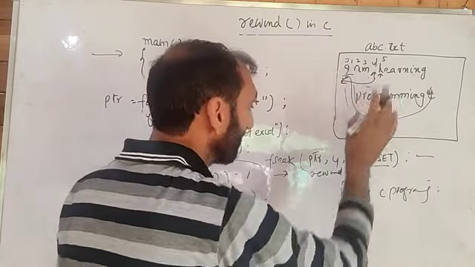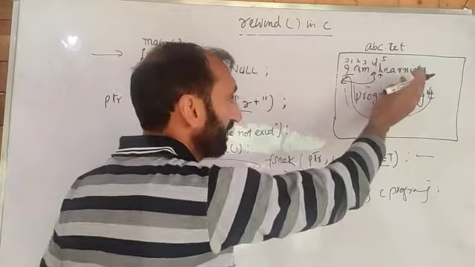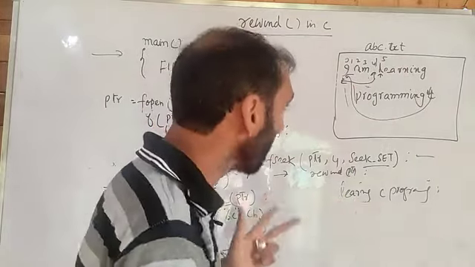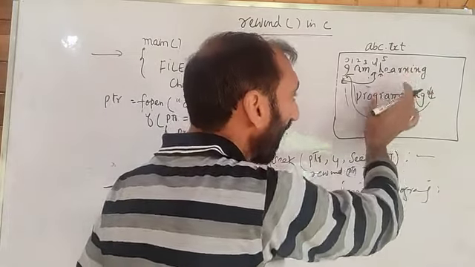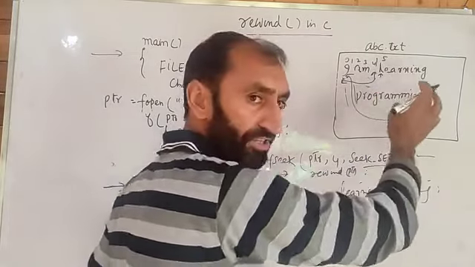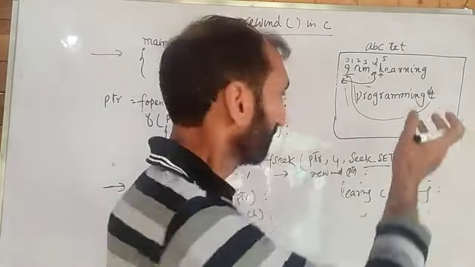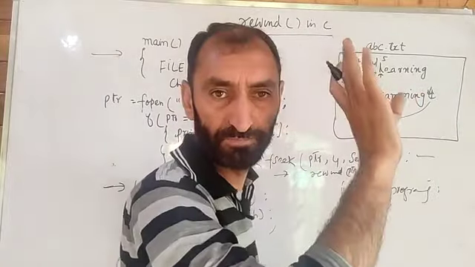So we can say that the rewind function is used to move the cursor from anywhere to the beginning. No matter whether the cursor is at the end, in the middle, or at an early location, if we use the rewind function, it will move the cursor from that position to the beginning.